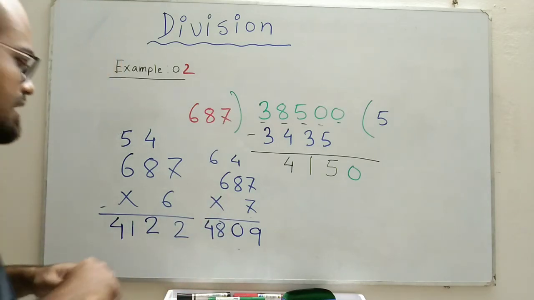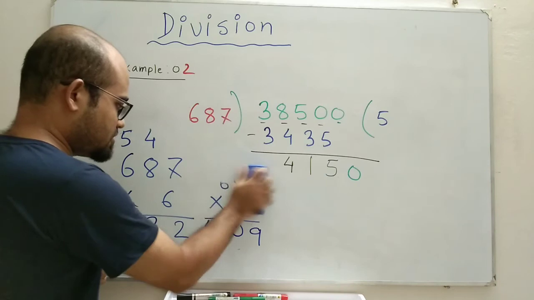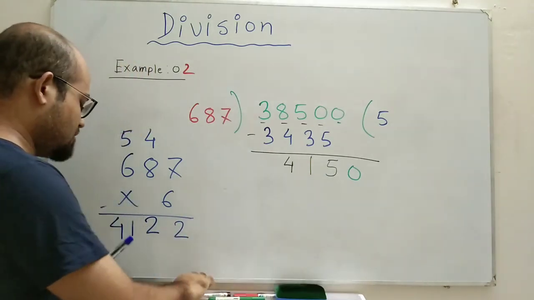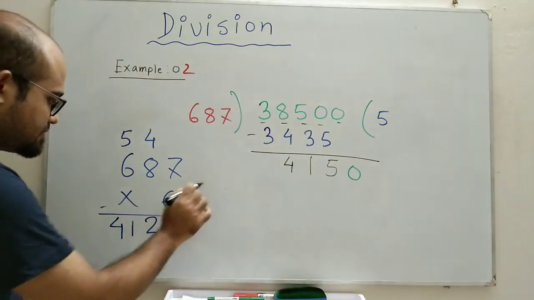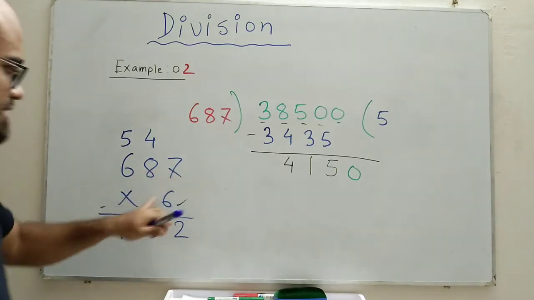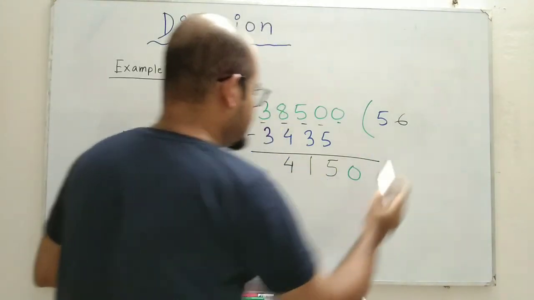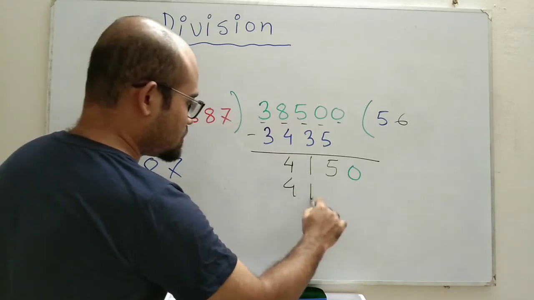Okay, so it's way bigger. This is not required. Our calculation ends here. So 687 times 6 gives me 4122.